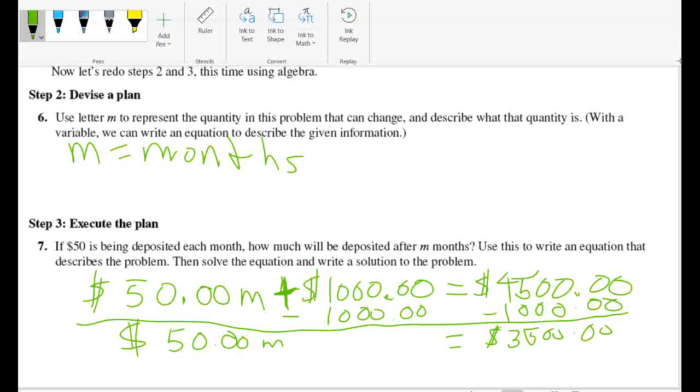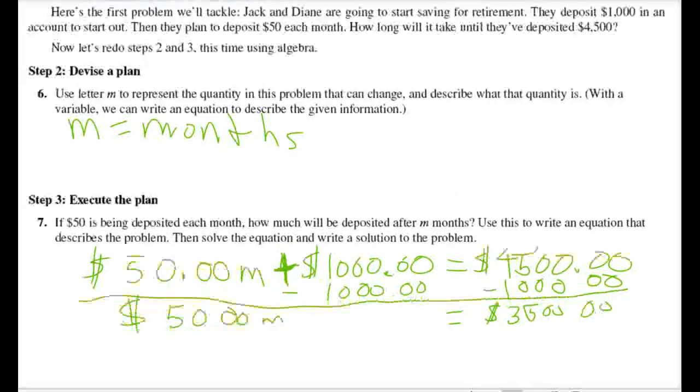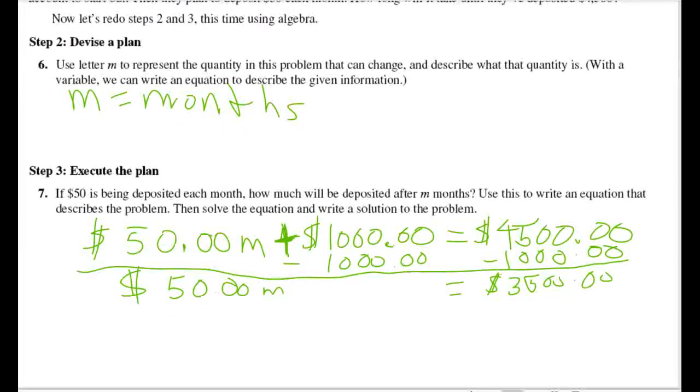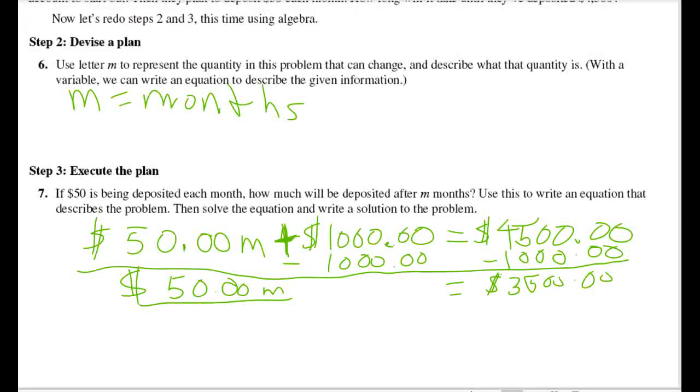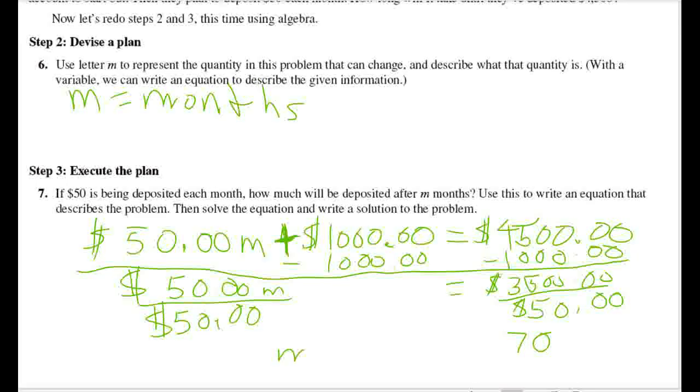To solve that, we divide both sides by 50. And if you think back to the arithmetic, we were thinking our way through. Once we knew we needed to add 3,500, we divided by 50 to get 70. So now we can say m equals 70 months.